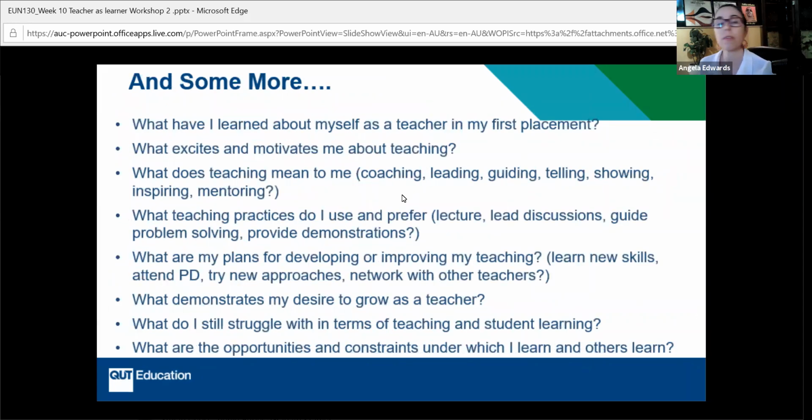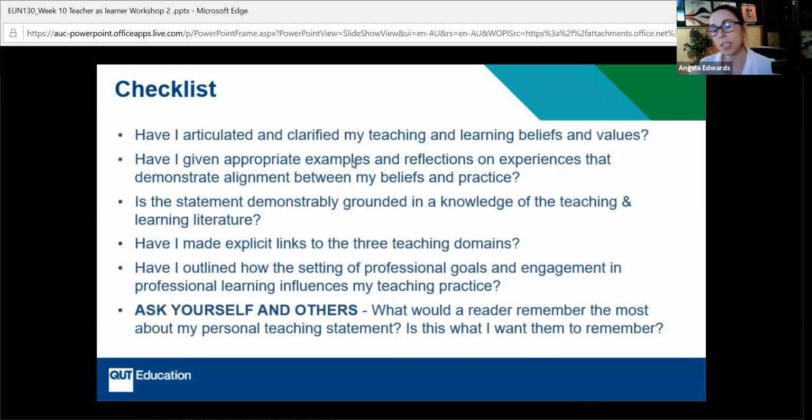So some of them we've already looked at during our workshops, but I really want you to think about them in terms of your actual structure and what your personal teaching statement is going to look like. And finally, I have a checklist here, with some questions to ask yourself to make sure that you're actually on the right track.